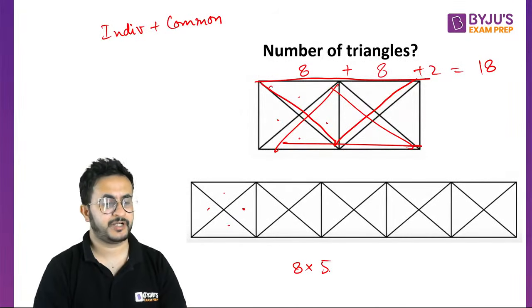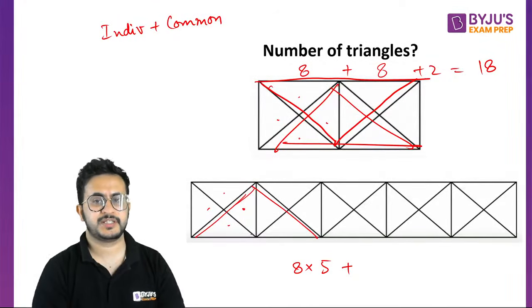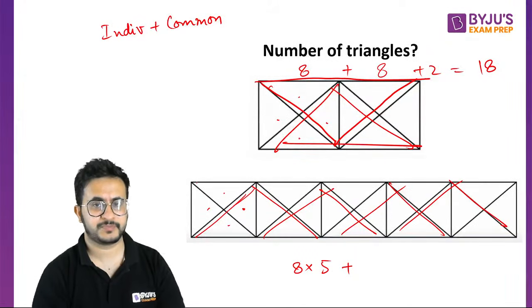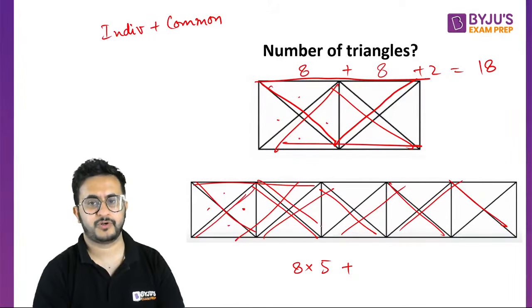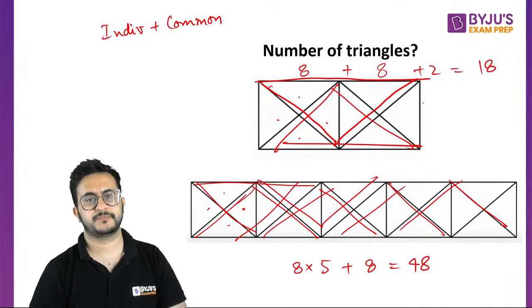So 8 into 5 is 40, plus the common triangles. Let us count them. This is between these two, and this is between these two. 4 with the bottom as the base, and 4 with the top as the base. So 8. Total number of triangles is 48. So 18 and 48.